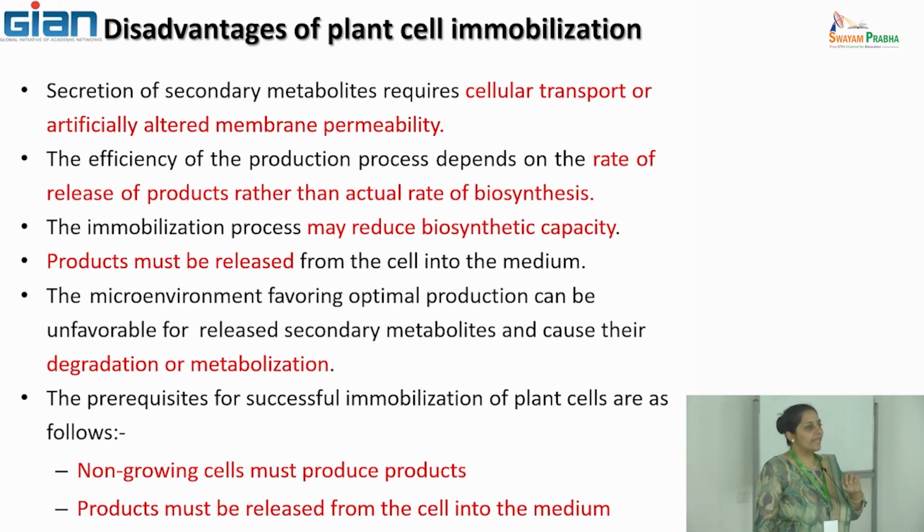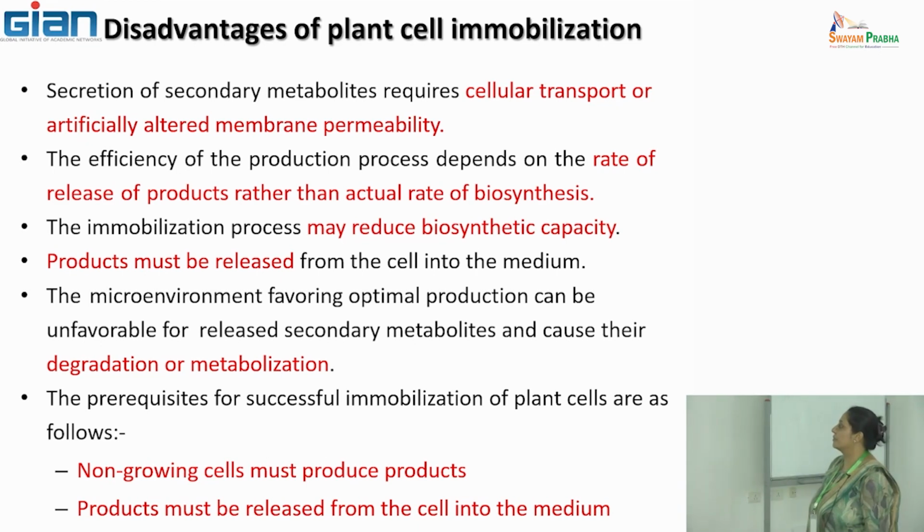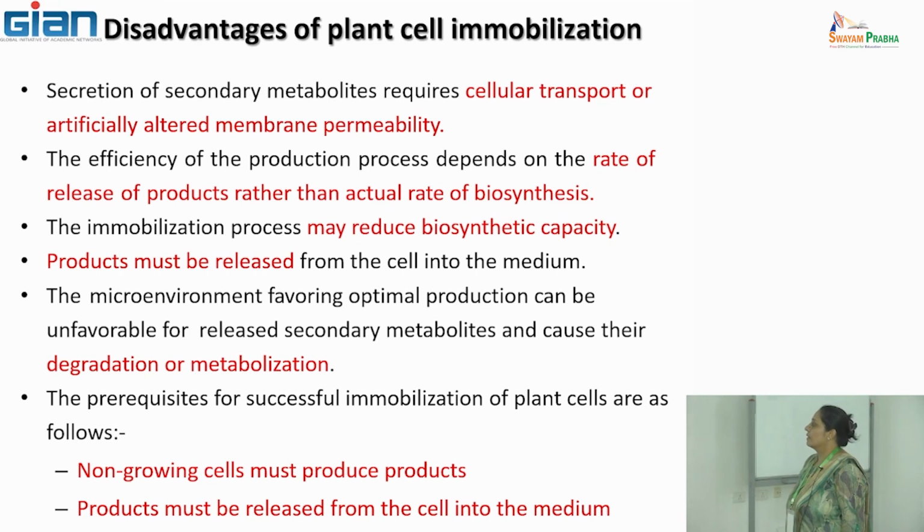So the rate at which the product will be released from the immobilized cells becomes your rate limiting step for high productivities to be achieved. It may work both ways. Sometimes the microenvironment which gets created inside can be an elicitor acting phenomenon to have further acceleration in secondary metabolism.